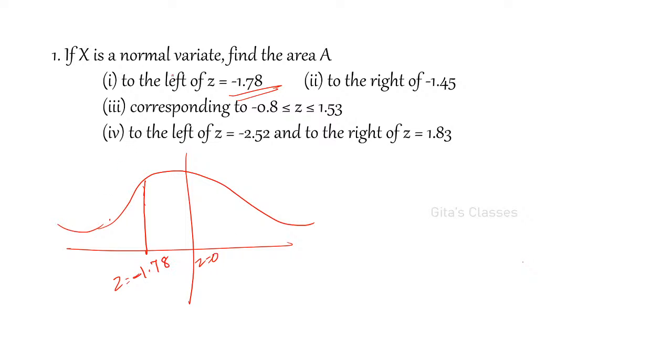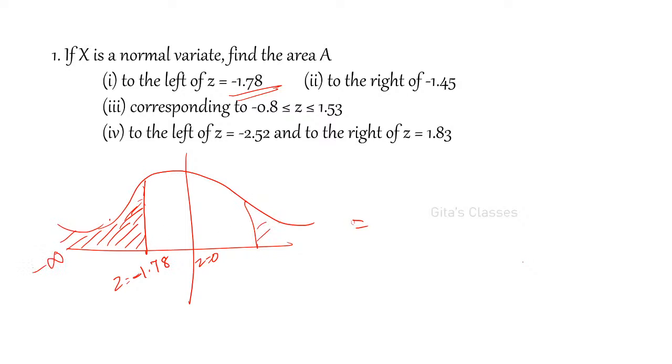And what is given is the area to the left of it, so this is the area. Please shade the area so that you can find it out easily. So this is minus 1.78. Actually we want this area. So how will you find it out? This is minus infinity to minus 1.78.